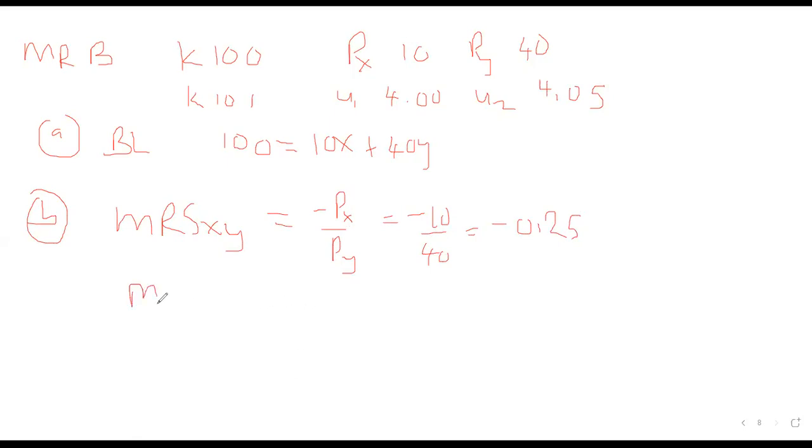If they ask you to find the marginal rate of substitution of Y for X, it is negative Py over Px, which is negative 40 over 10, to give you negative 4.